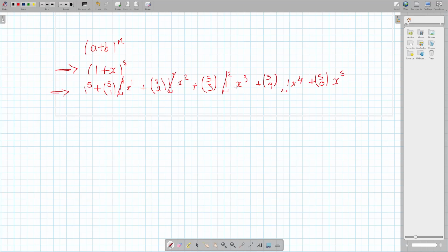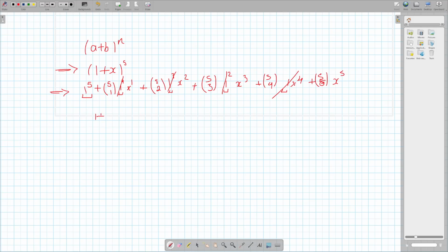Because 1 times anything is equal to the same thing, right? So we can just cancel the 1. It's just 5c5, not 5c0. I can pretty much get rid of the 1 from my whole equation, except for over here, because this is 1 without being multiplied by anything. It's 1 on its own, okay?